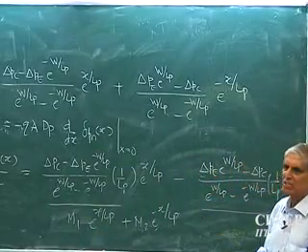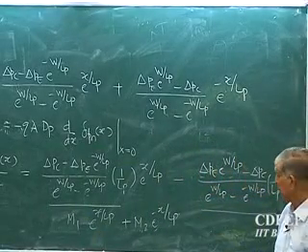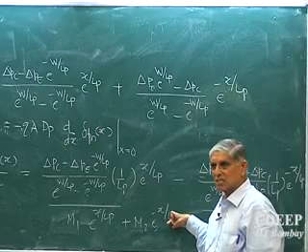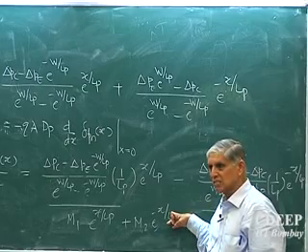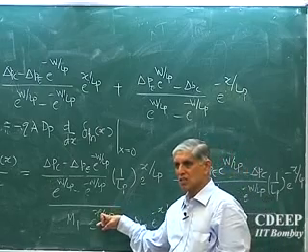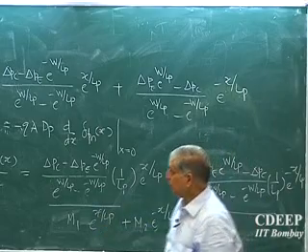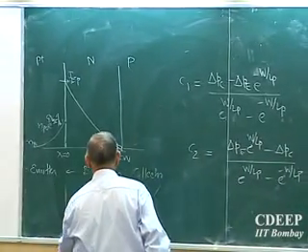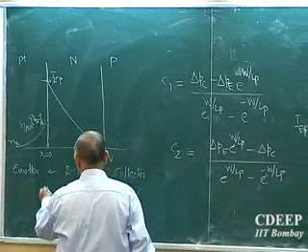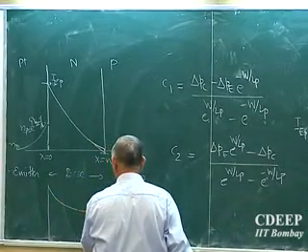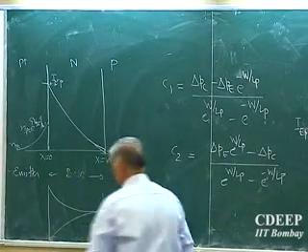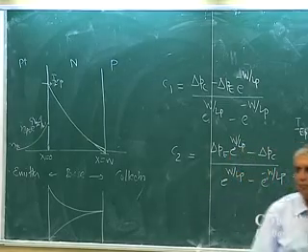What does this function tell? This function is a decreasing function with x, this function is an increasing function of x. If I plot this across this boundary, let's say here, I figure one term is like this, the other term is like this.